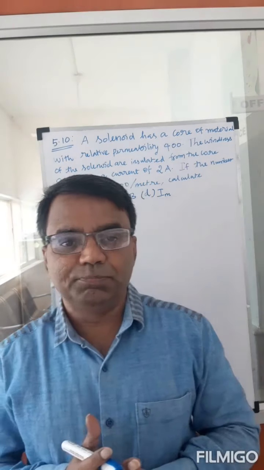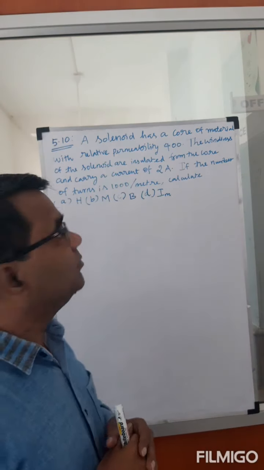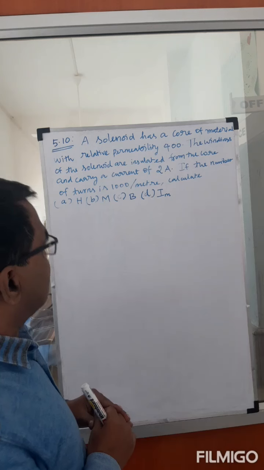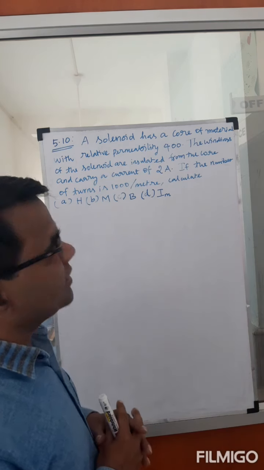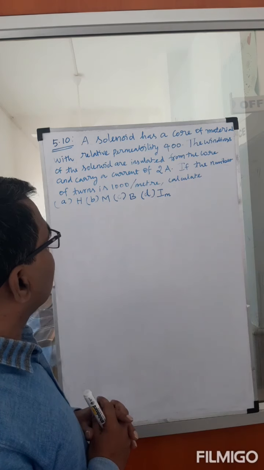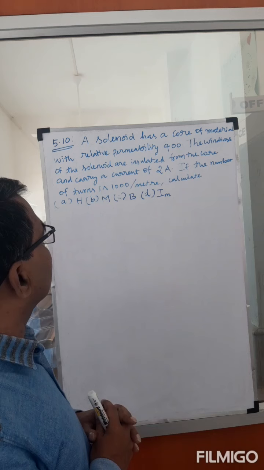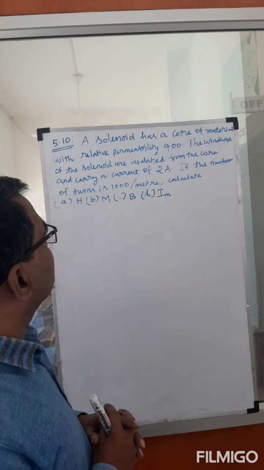Now let's do the example problem, 5.10. Let me read the problem. A solenoid has a core of material with relative permeability 400. The windings of the solenoid are insulated from the core and carry a current of 2 amperes.